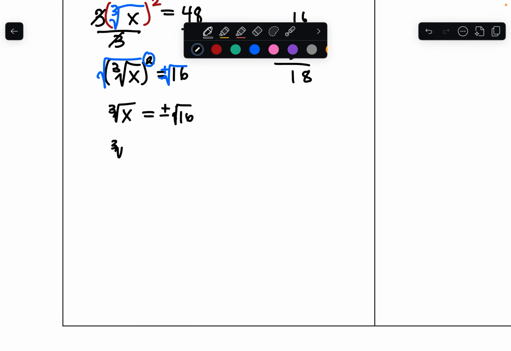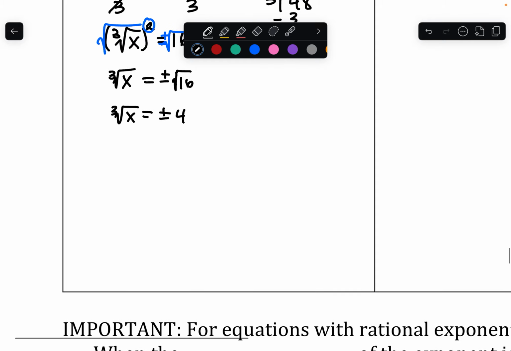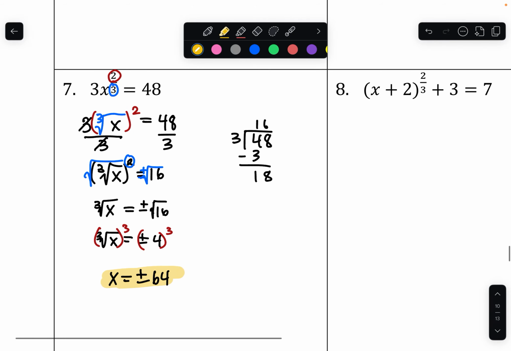And so cube root of x, we know the square root of 16 is 4. And so now when we cube both sides, we get positive and negative 64. Both are solutions.